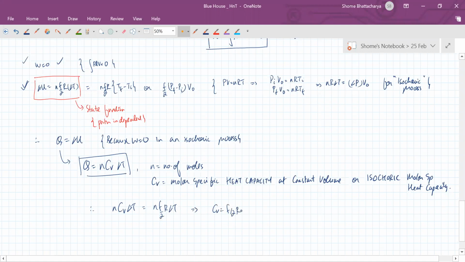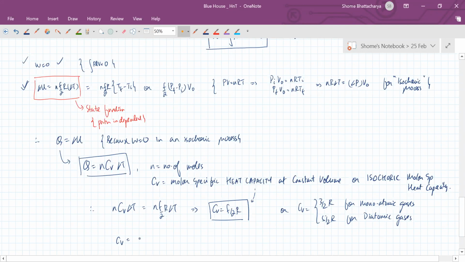It is f by 2 R. So the molar specific heat capacity at constant volume is equal to f by 2 times R, or CV is equal to 3 by 2 R for monoatomic gases, and CV is equal to 5 by 2 R for diatomic gases.